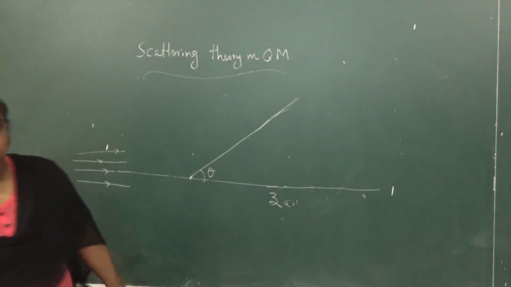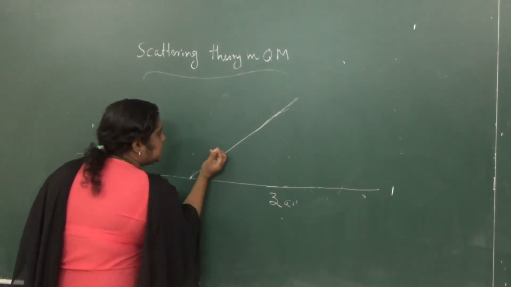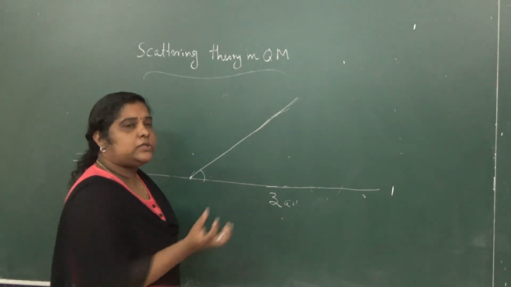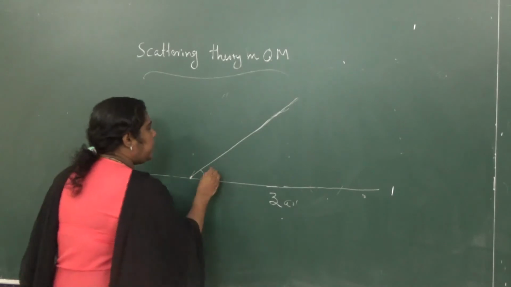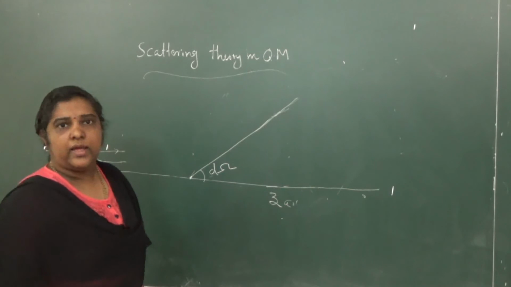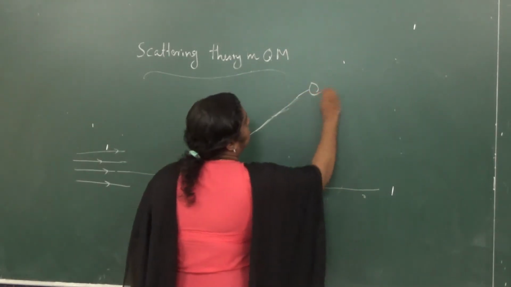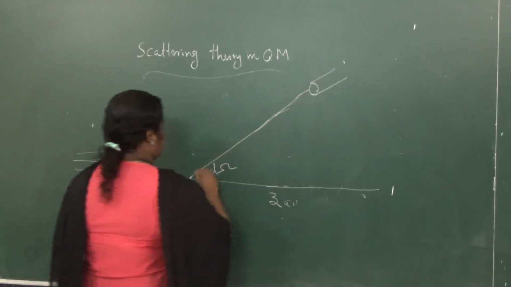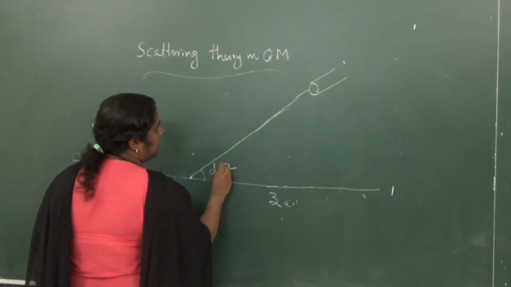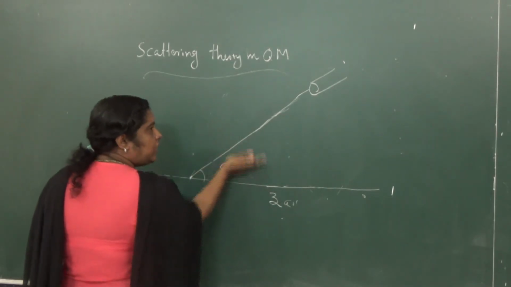Okay. So here it is good to consider, instead of theta, a solid angle. I am taking d omega as the solid angle. We are keeping our detector here.